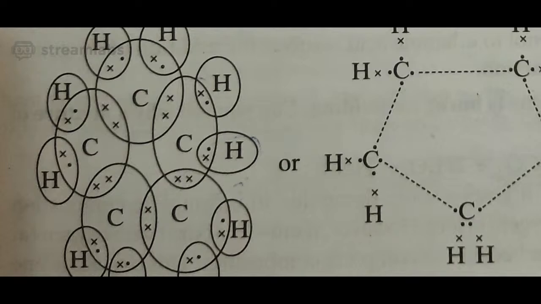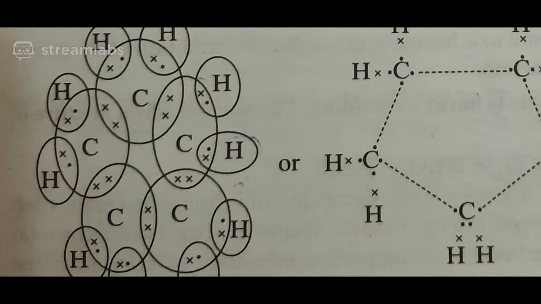Now you look at carbon. By counting the number of hydrogen and the carbon sharing the electron with other carbon, the carbon sharing the electron with the hydrogen, you just completely count and put a circle for 8 electrons.